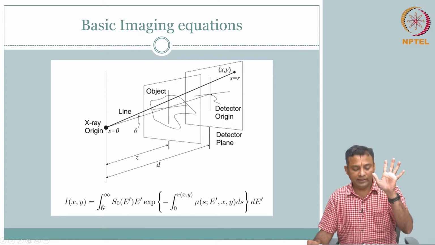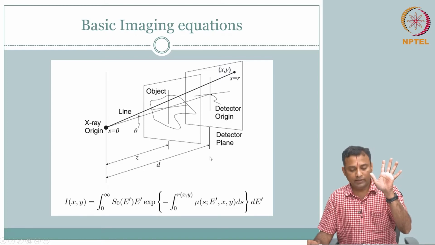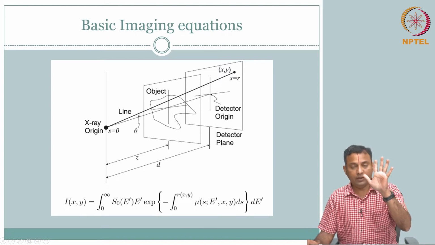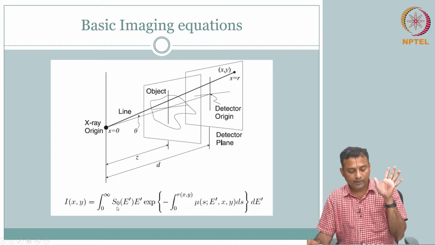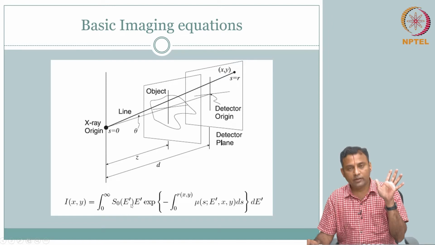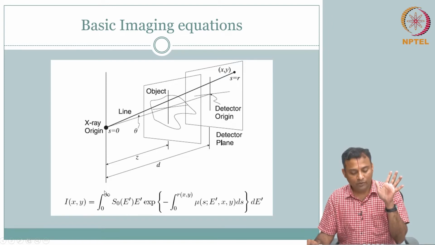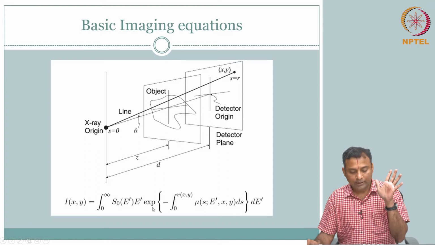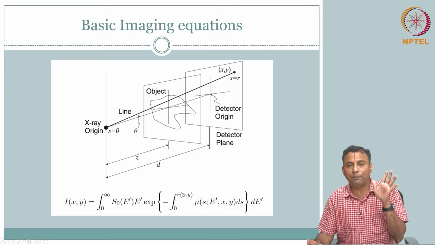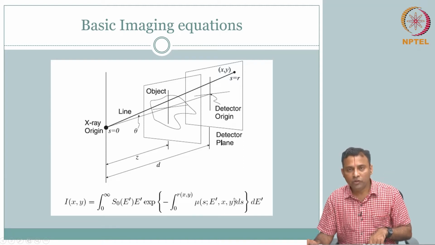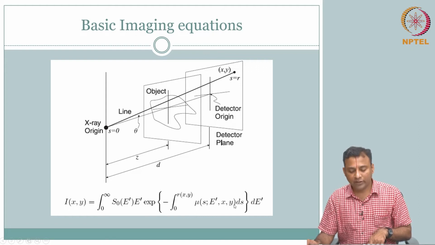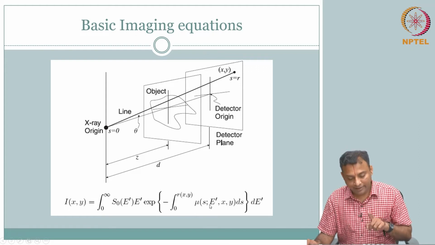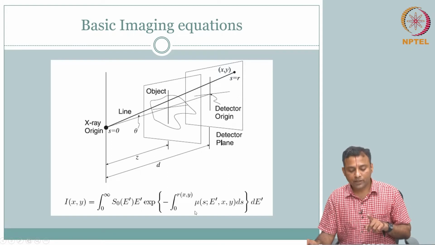Now the intensity at x comma y at a location is whatever goes in, so S0 at that energy level, times exponential of minus the integral over the path length r of x comma y of this mu, which is deliberately written as a function of x, y and the energy that it is dealing with, right.